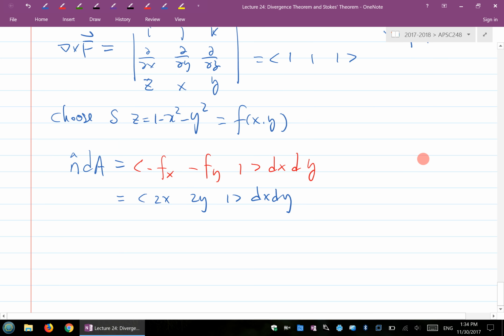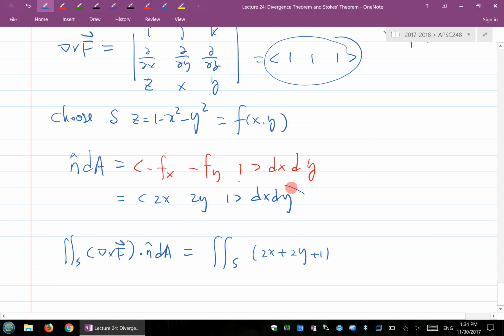Okay, so once we get all of these things together, then we can put everything into the surface integral now. So the dot product of this one with this one is equal to 2x plus 2y plus 1 dx dy.